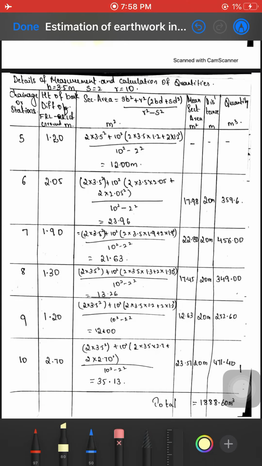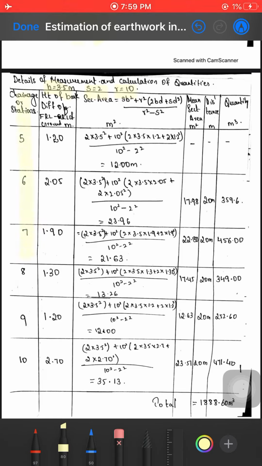So details of measurement sheet and calculation of quantities. Small b will be, as capital B is 7 meters, 3.5 meters. S is the slope in banking, which is given as 2:1 in the question. So S is equal to 2 and R is equal to 10.